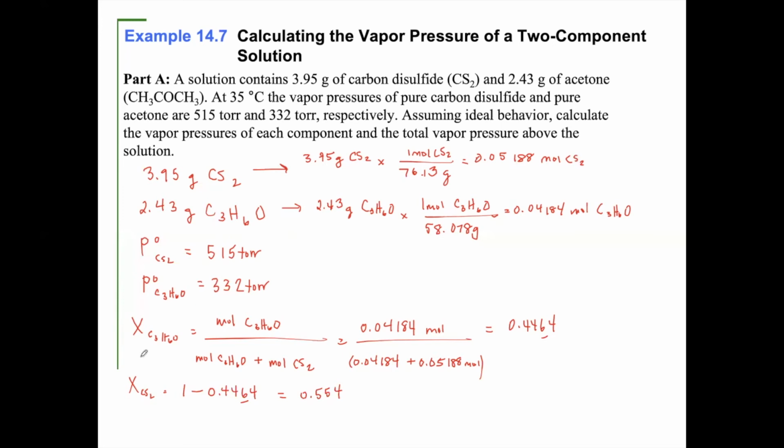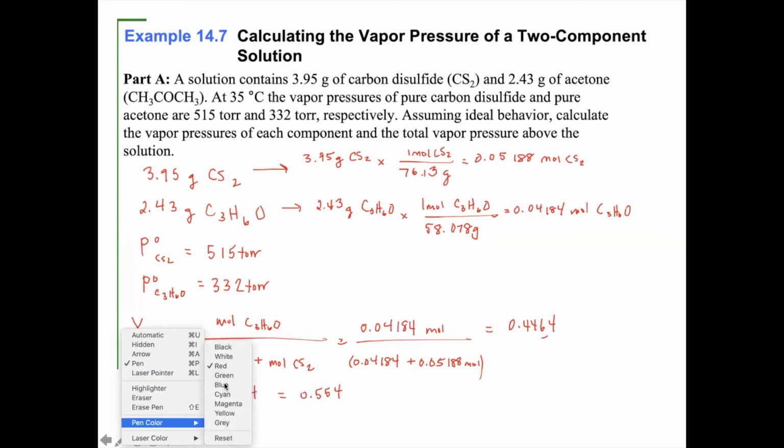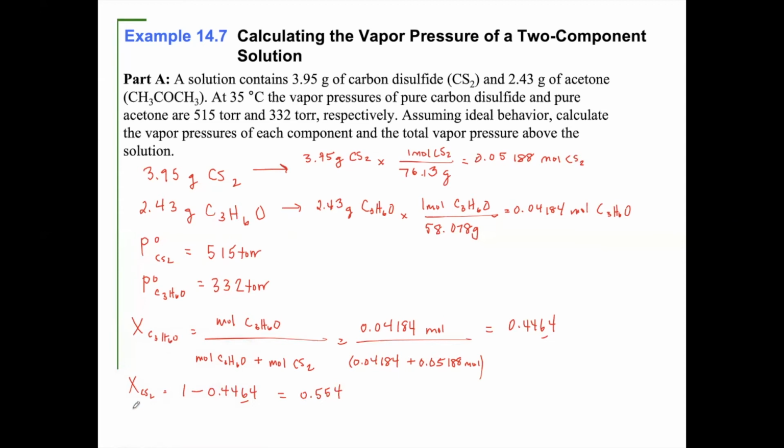So for the pressure of, I'll write this in a different color. The pressure of the carbon disulfide is going to equal the mole fraction, actually, you know what? I should probably write the formula.